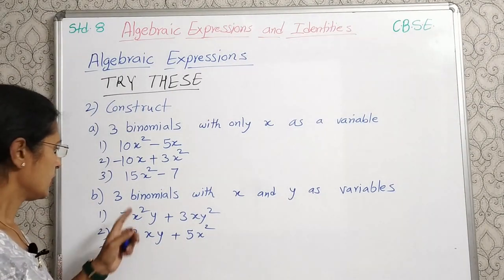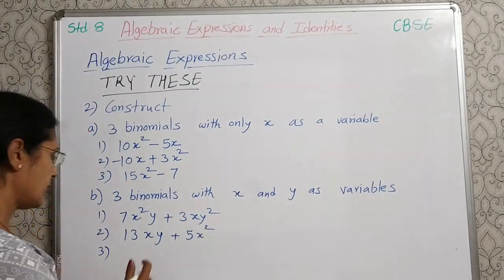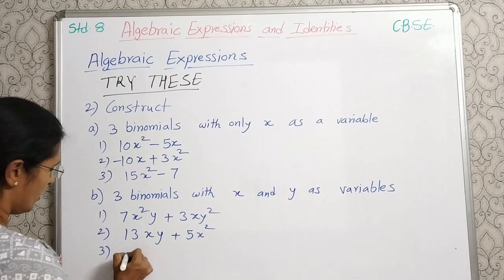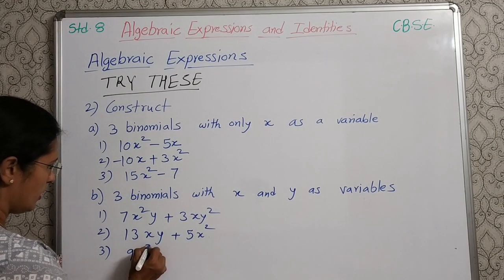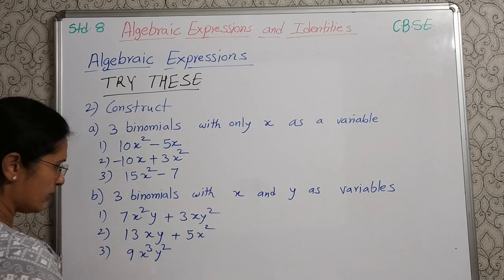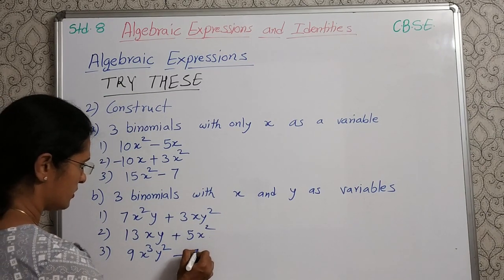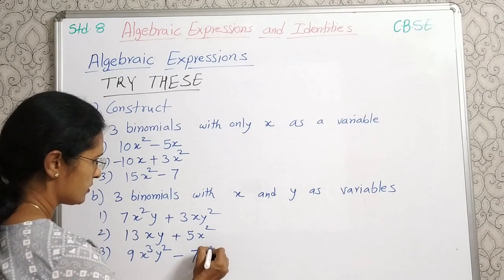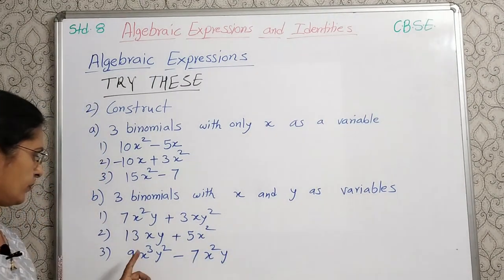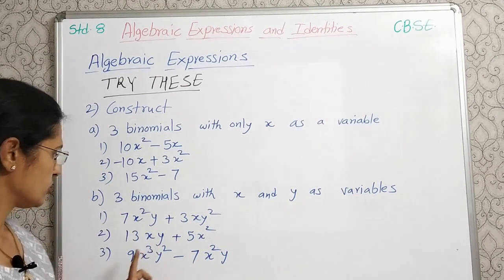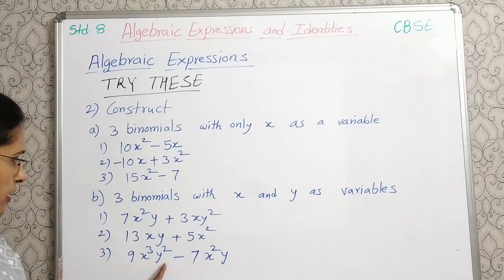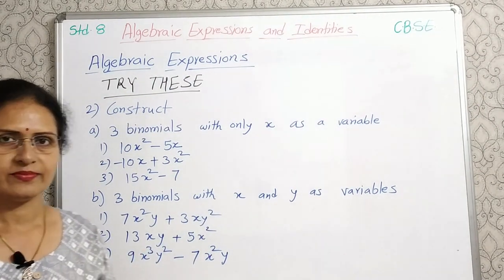Third, again a binomial with x and y as variables. 9x cube y square minus 7x square y. Now two terms are there, so this is a binomial with variables x and y.